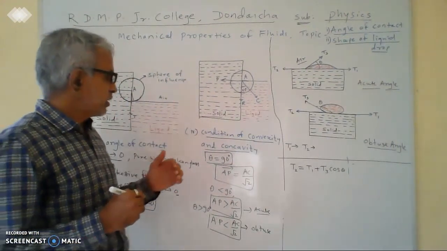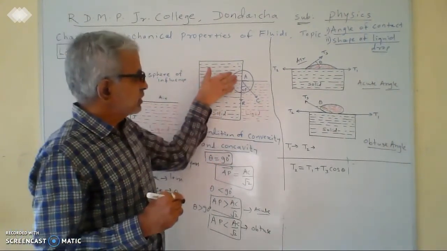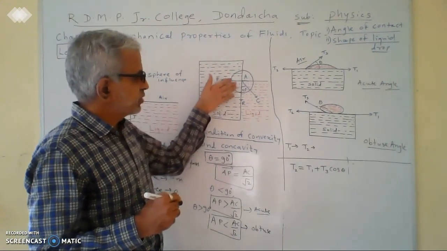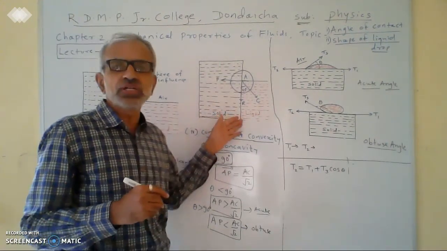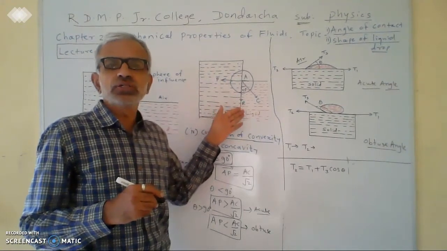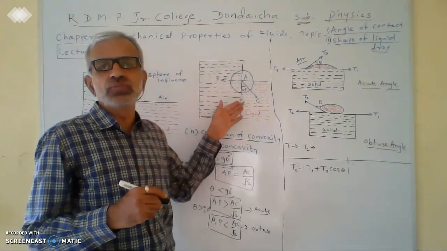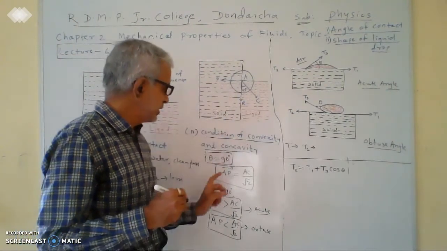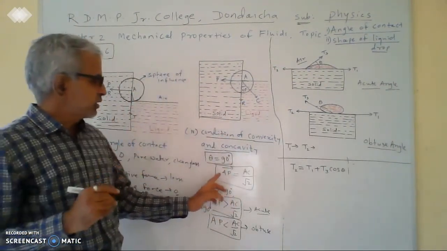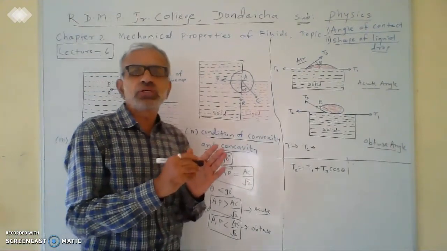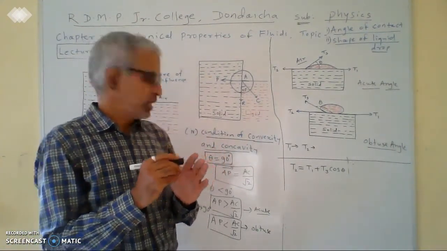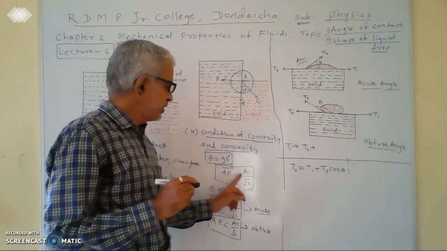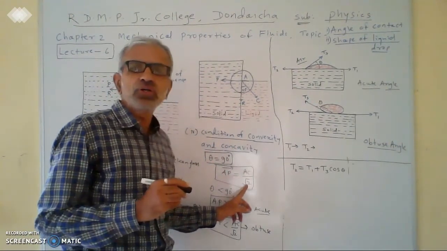Then this resultant vector AR will touch the solid surface. The resultant vector AR will lie on the solid surface inside the liquid, and condition for the stable equilibrium is that vector AP should be equal to AC upon root 2.